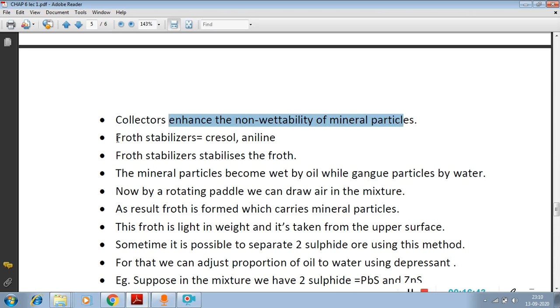Now the second word was stabilizers. Examples of froth stabilizers are cresol and aniline. Why are we adding these froth stabilizers? They stabilize the froth.